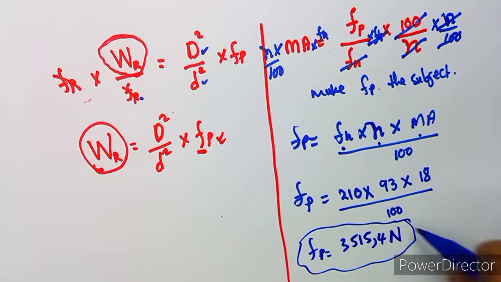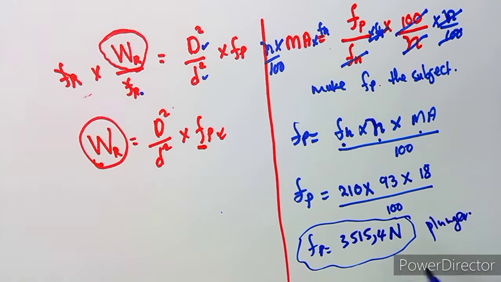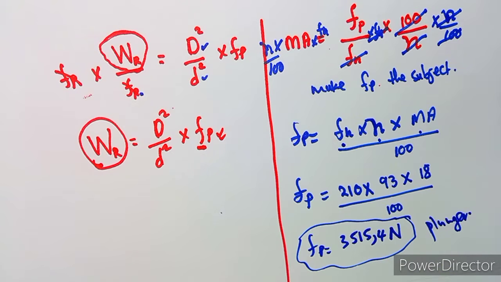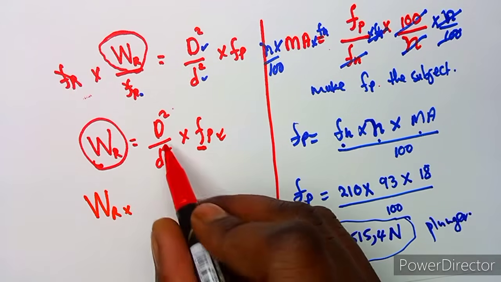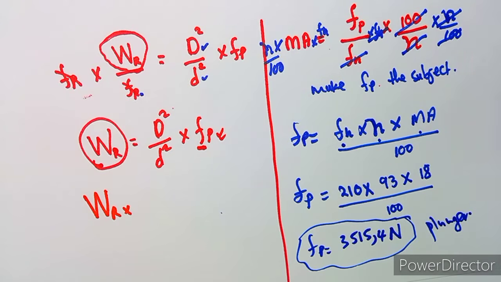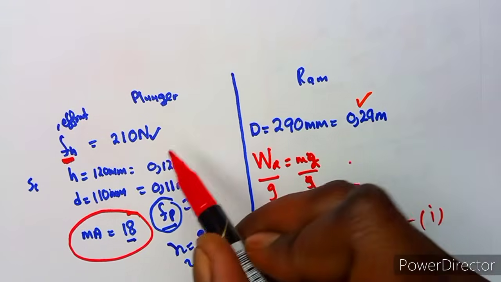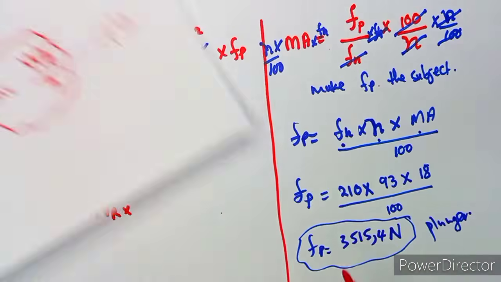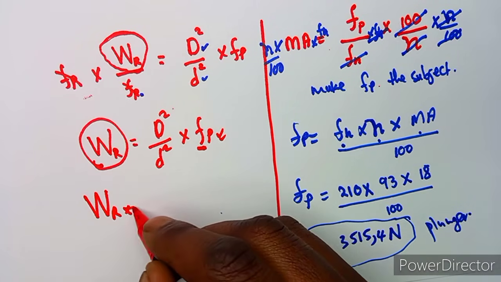So we have got now the force that is on the plunger there. That is our FP. So now let's take this and calculate our WR, which is on the ram. The force on the ram is going to be d squared, which means we are now going back to our d, because we have this from the information. The diameters are there. I'm just going to take my diameter 0.29, or I can just use it in meters because that one is a square, so it's not going to affect us.